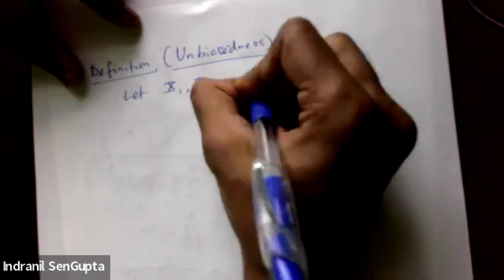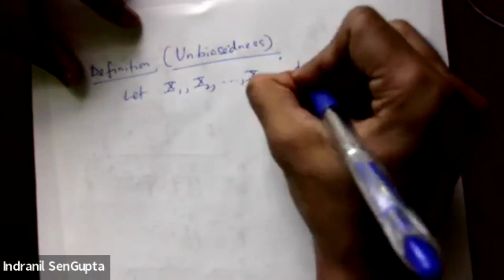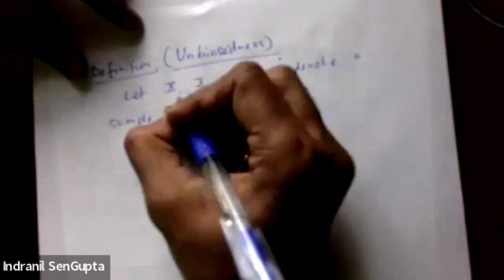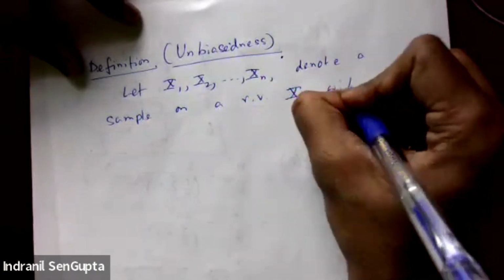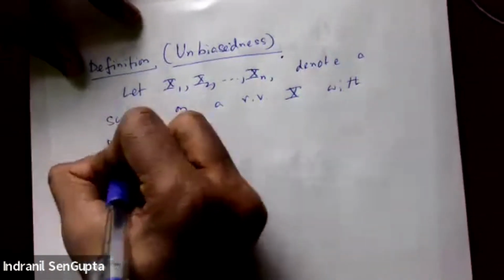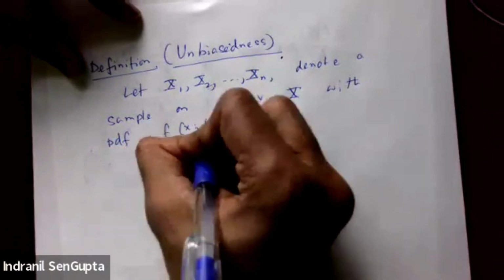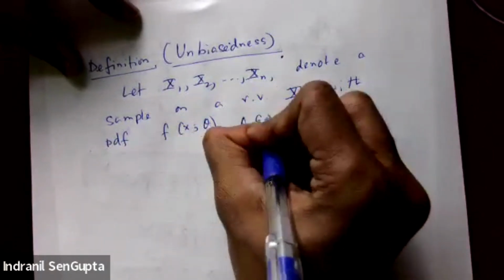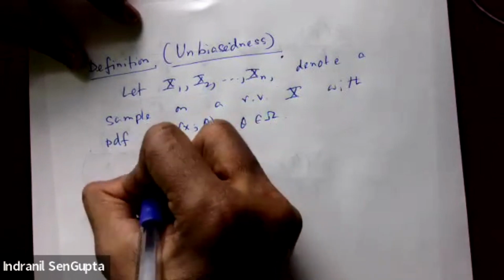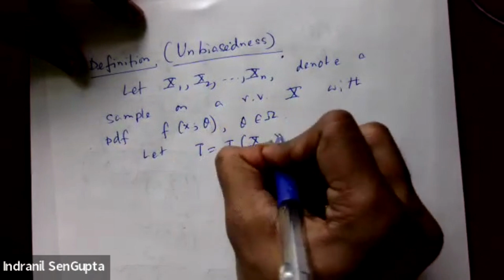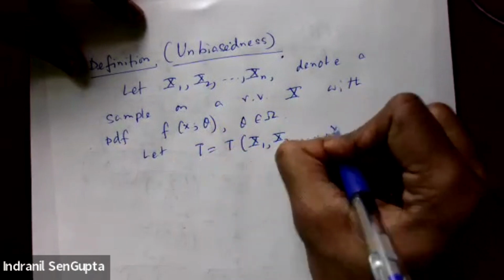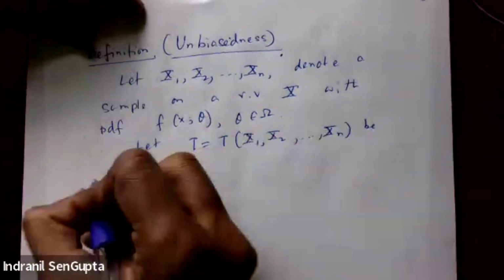Let x1, x2, xn denote a sample on a random variable x with PDF f of x, theta, for theta in a certain domain. Let t equals t of x1, x2, xn be a statistic.